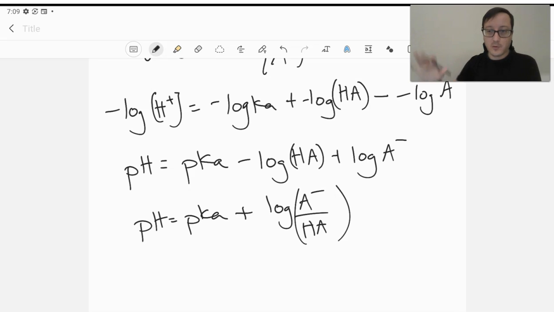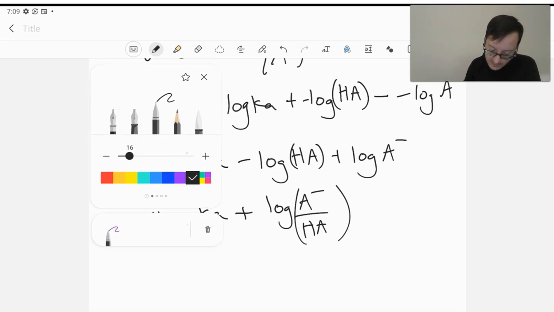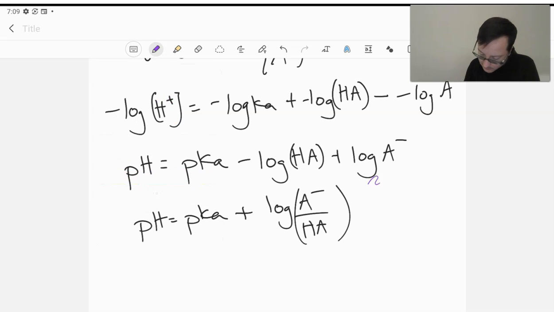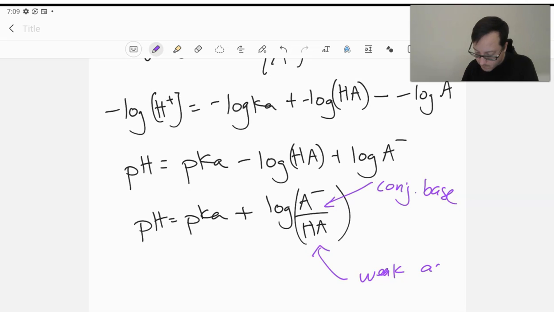You don't have to worry about the derivation of it, but that's how we come up with this equation. It's a way for us to say, how much of the conjugate base do we have here, and what about the weak acid? And then we have its pKa. That'll be able to tell us the pH of the solution, which is pretty cool.